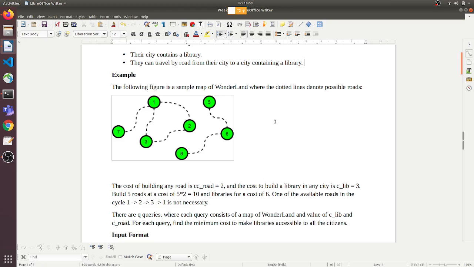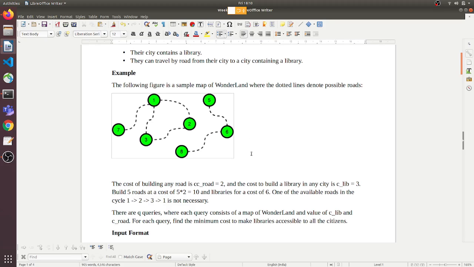Currently there are no roads, but you can construct roads between the cities which are joined by these dotted lines. So you can construct a road only between city 1 and 7, because there is a dotted line there, but you cannot construct a road between 3 and 7. Okay, and you can construct a library in any city.